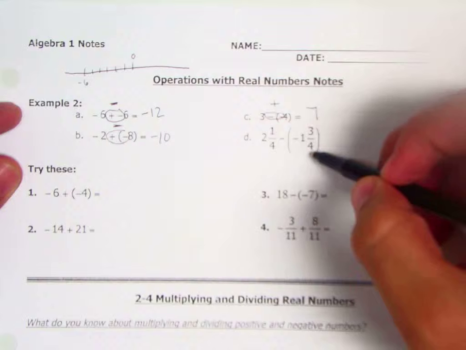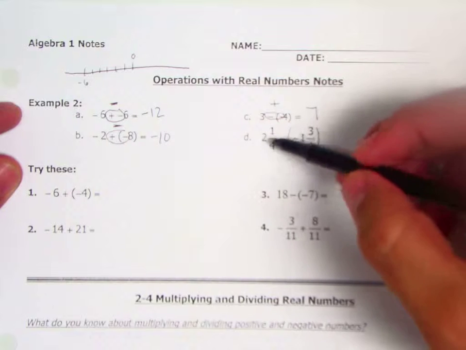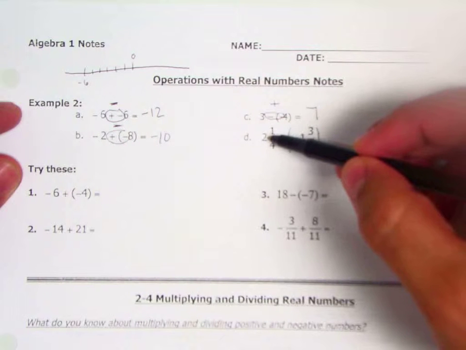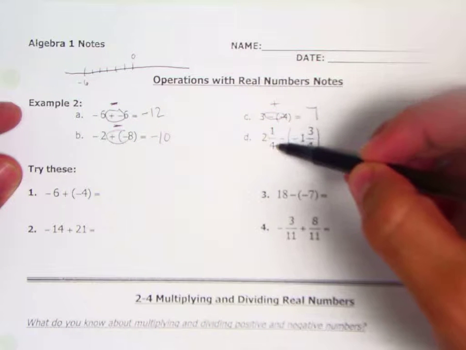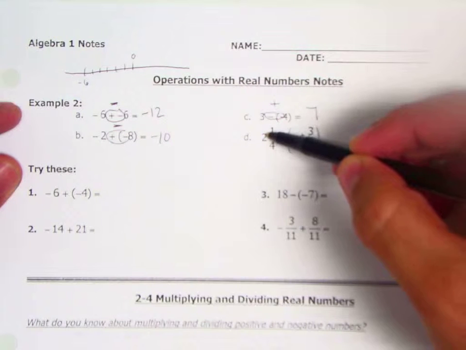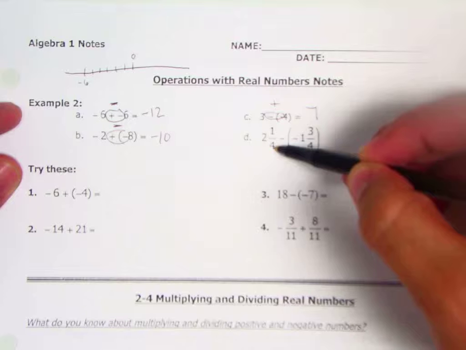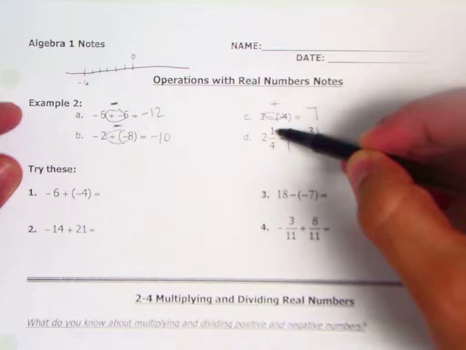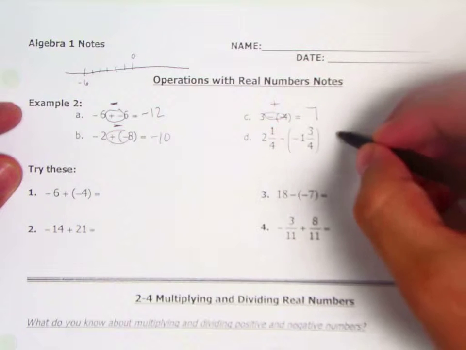You can change any mixed fraction by simply multiplying the whole number here times the denominator, then adding it to the numerator. So 2 times 4 is 8. Then add 1, that's 9. So 2 1/4 is 9 over 4 now.